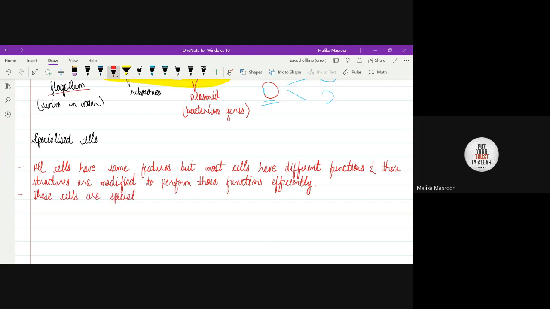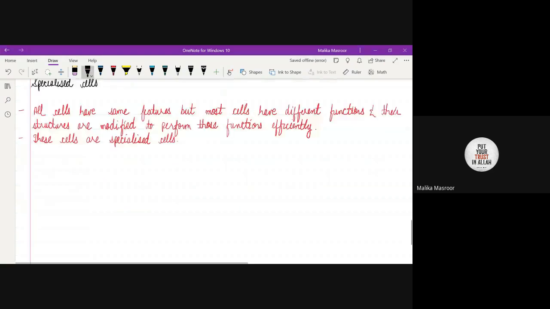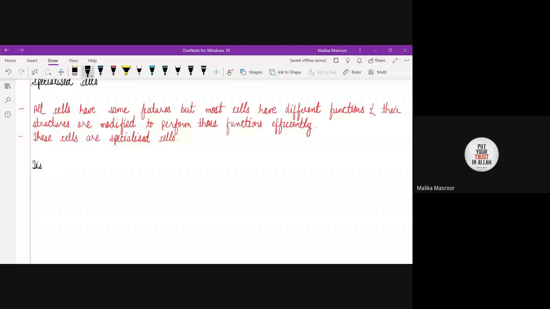Now cells make up tissues. Tissues are a group of cells working together to perform a specific function.